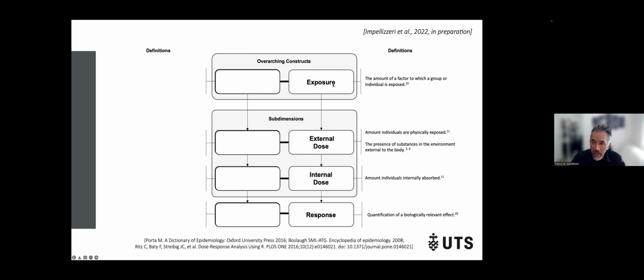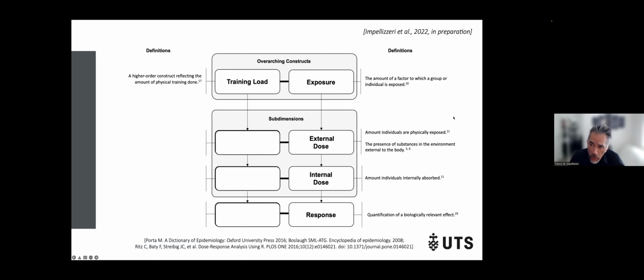So in this classification, there is the exposure, which is the overarching concept. There are two subdimensions: the external dose, which is the substance in the environment external to the body, or the amount of the factor to which individuals are physically exposed. And there is a quantity of this amount that is internal, that is absorbed. And this creates a response.